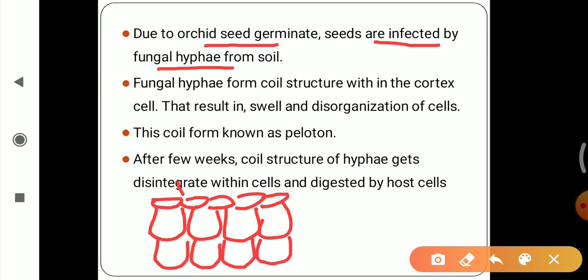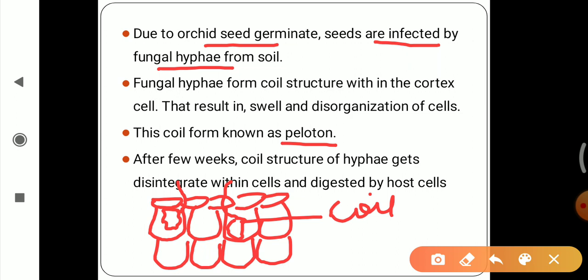The hyphae will penetrate inside the root hair cells and form a coil-like structure, that is known as peloton, the thing that we have to remember.